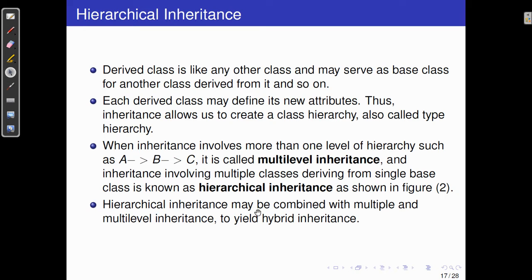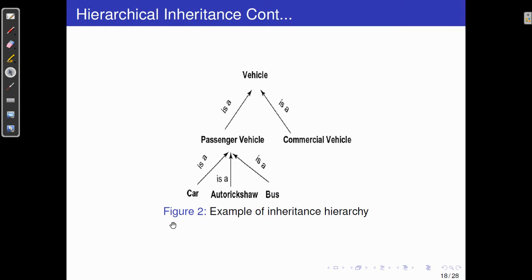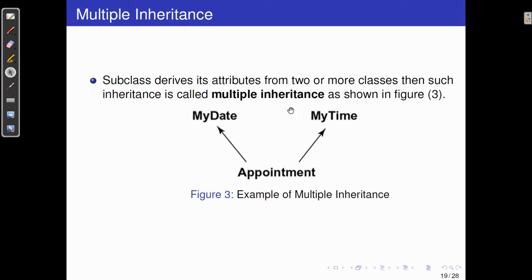And hierarchical inheritance may be combined with multiple and multi-level inheritance to yield hybrid inheritance. Okay, so we may have more than two classes there. So if you want to see the program, okay, let's see the PPT first, then we'll come to that.